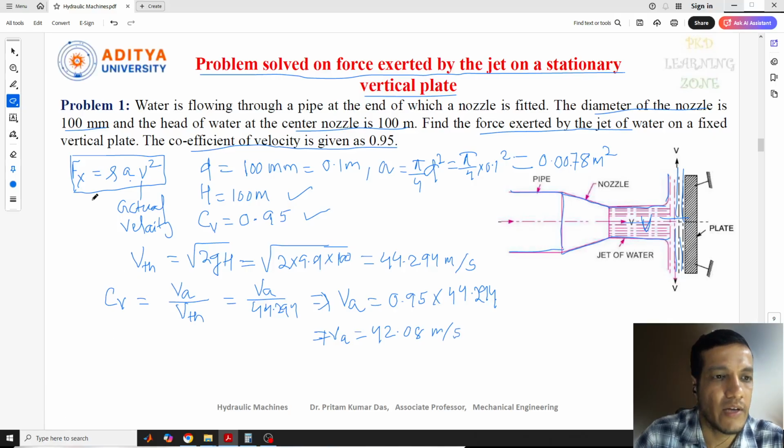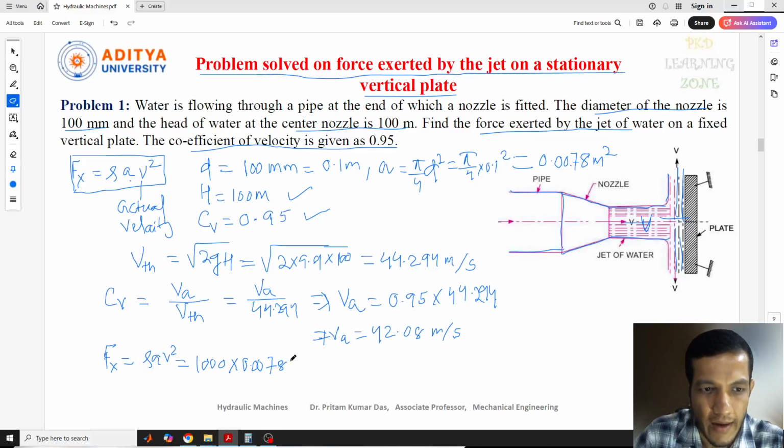Now we can find out the Fx value. So the force on a fixed vertical plate, as per the equation, Fx equals rho a v square. Here rho equals 1000, the area we have already calculated as 0.0078, and the velocity is 42.08 square.